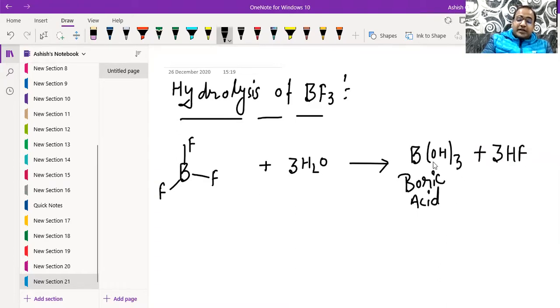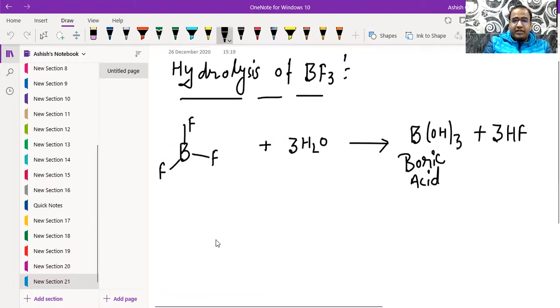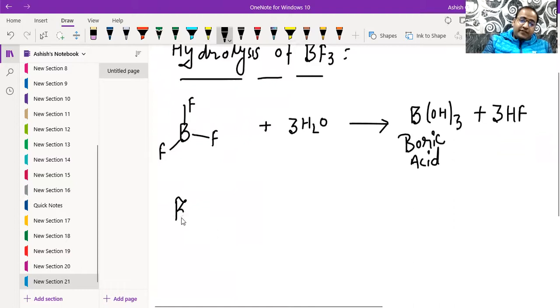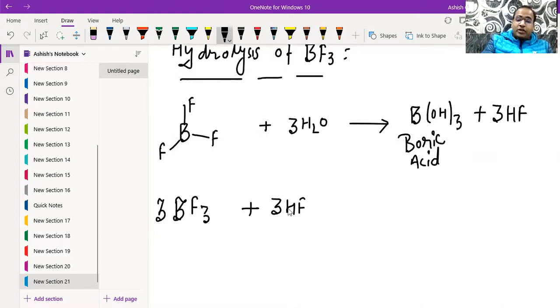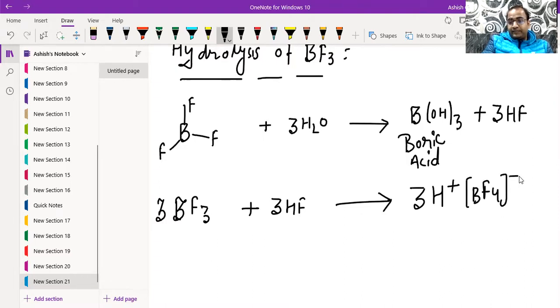Now here, some of the BF3 molecules get converted into B(OH)3, and the remaining BF3 molecules further react with the HF. 3 moles of BF3 are reacting with HF. What I am getting is 3 moles of H+ BF4-.